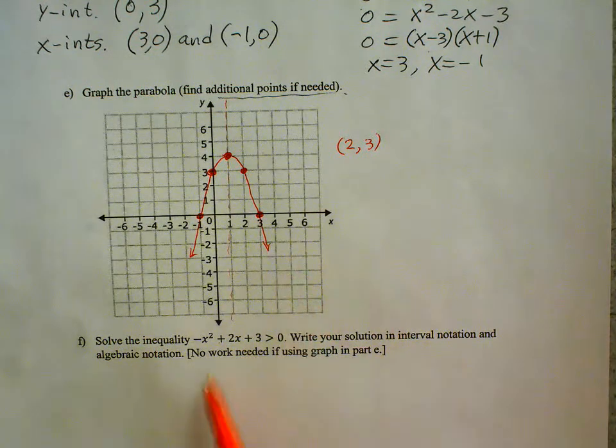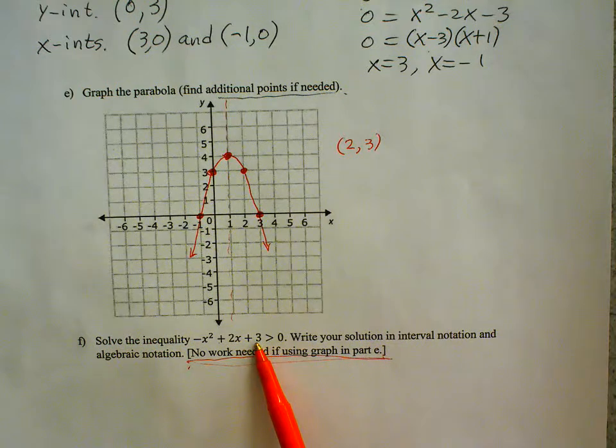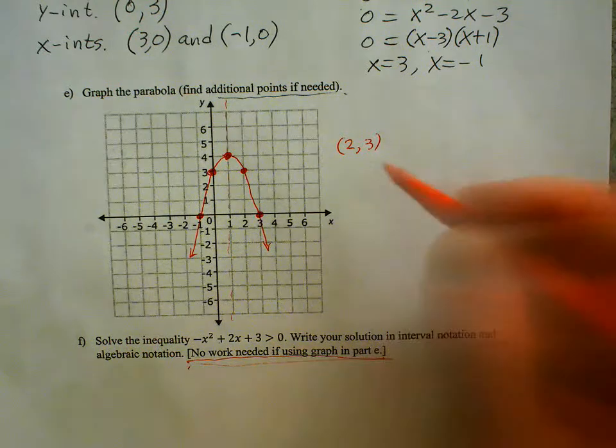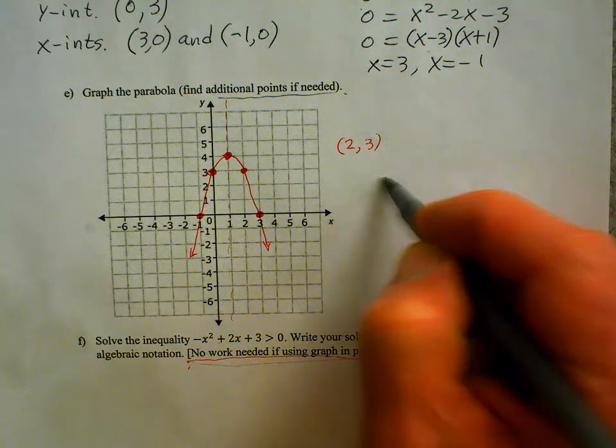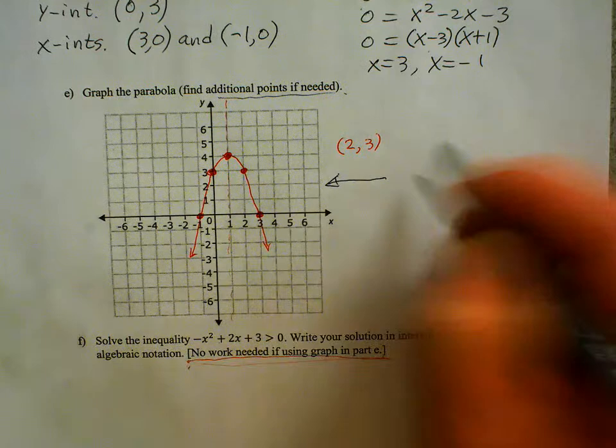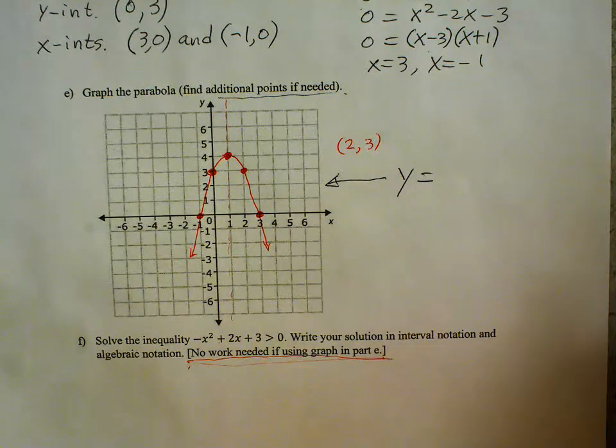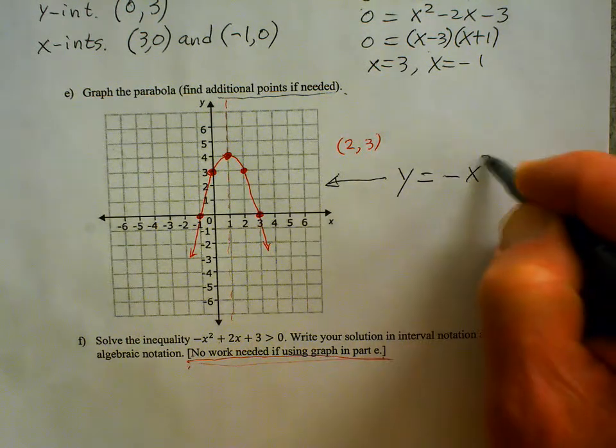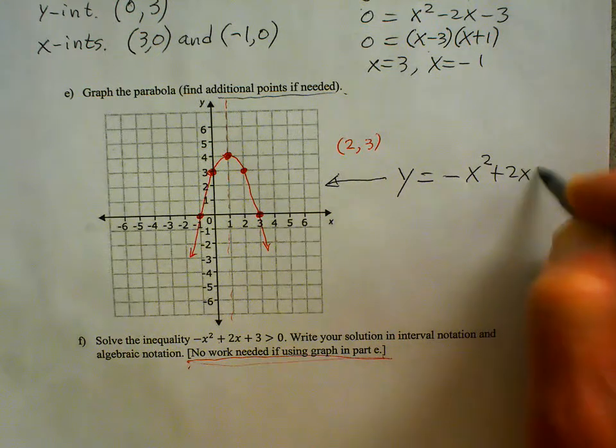So this says we can use the graph in part E to find the solution to this quadratic inequality. So remember, this is the graph of y equals -x² plus 2x plus 3.